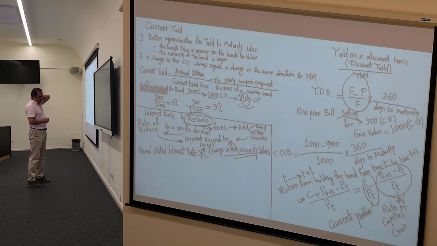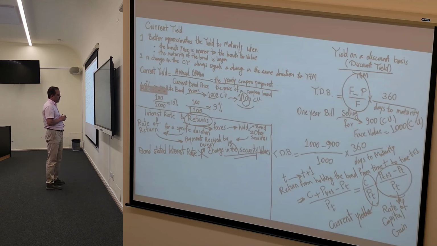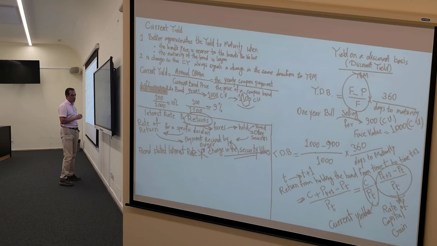But why is it different? Let's see what the return would be for a coupon bond with a face value of 1,000, similar to what I had before.